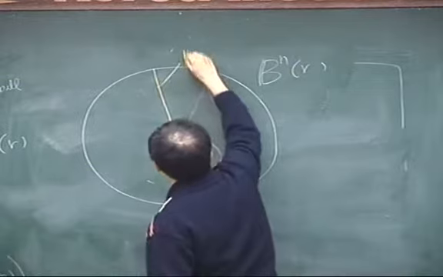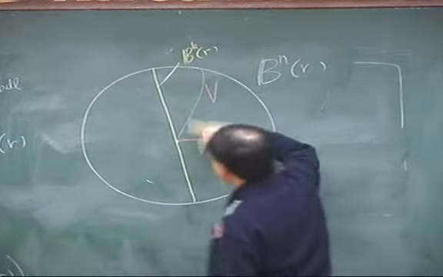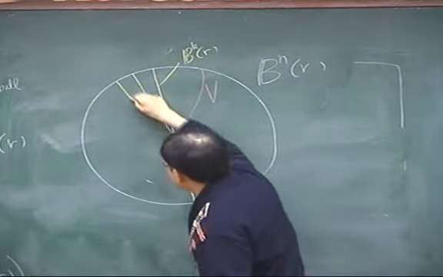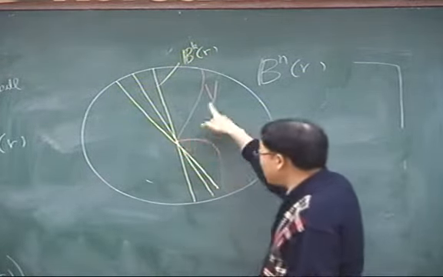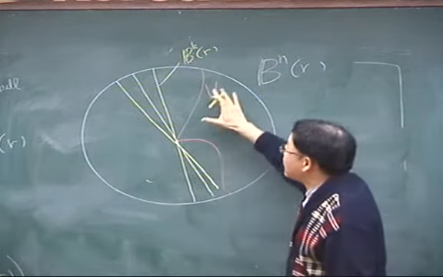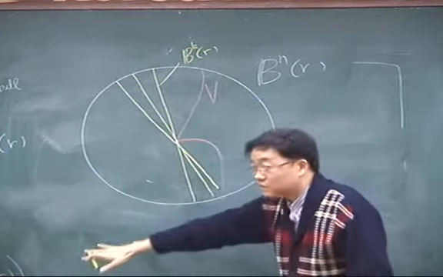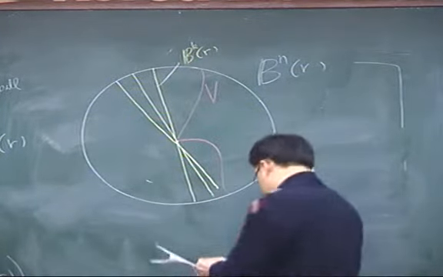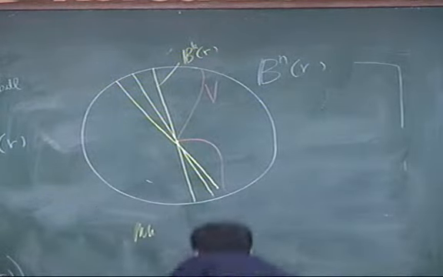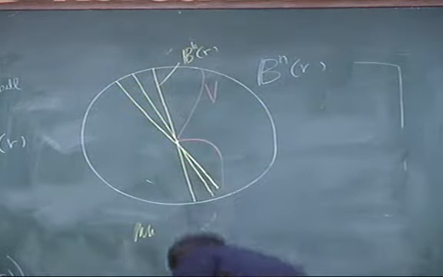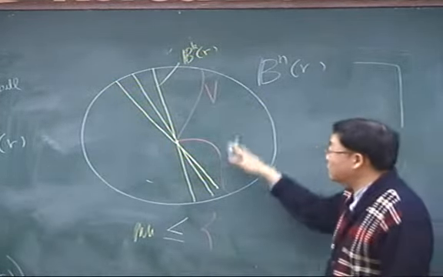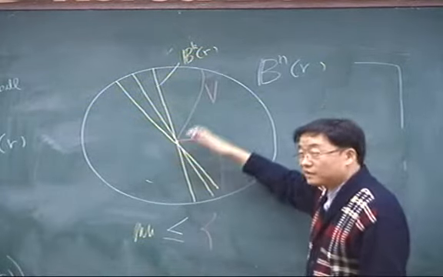So this is V_k, but you have to count as many as the multiplicity. If the multiplicity is 3, then you have to get 3 of them. So the volume is at least as big as this. That's the inequality: a lower bound for volume in terms of the multiplicity and the radius.